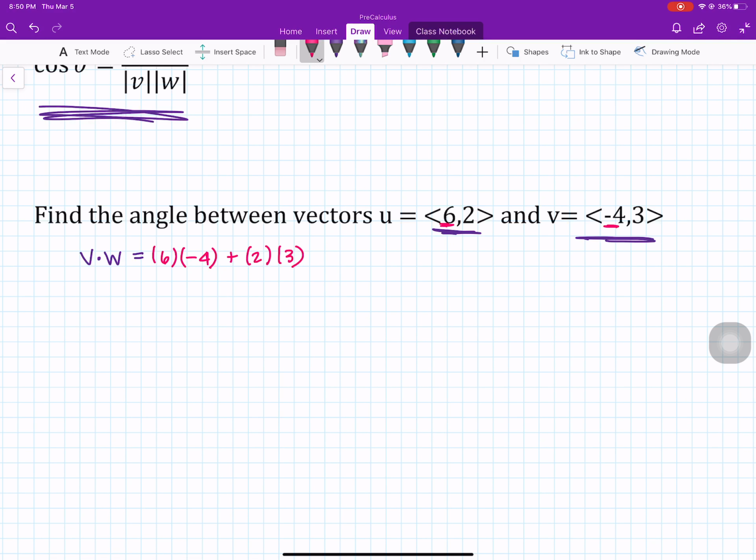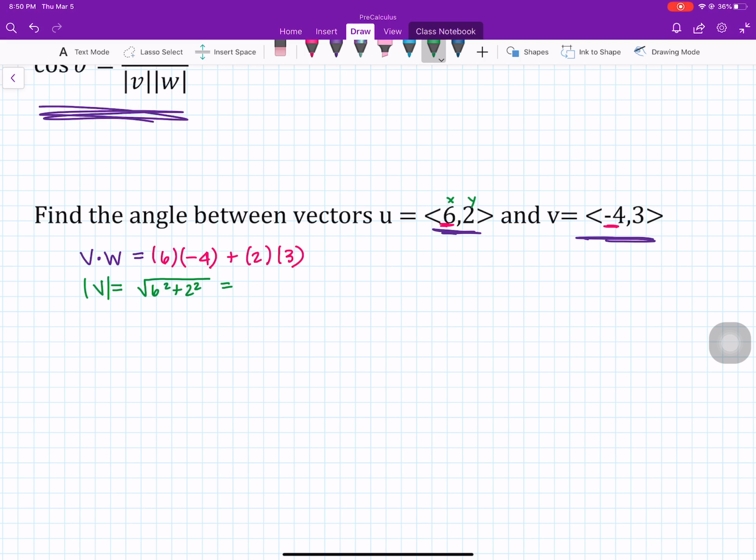Then I have to find magnitude. And again, magnitude is just Pythagorean theorem. If you wanted, you could draw pictures of each one of these. But remember, your x component would be like your a, and your y component would be your b. So the magnitude is just going to be the square root of 6 squared plus 2 squared. 6 squared is 36, and 2 squared is 4.